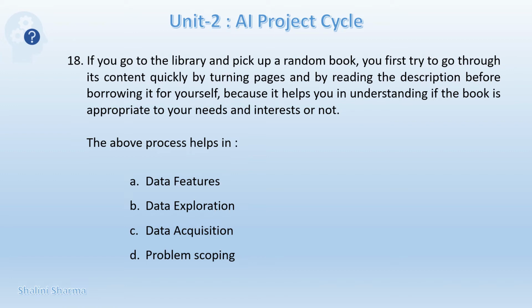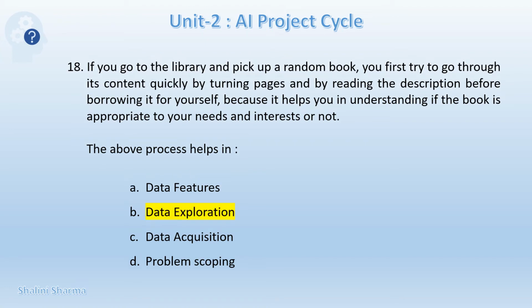The above process helps in A. Data features, B. Data exploration, C. Data acquisition, D. Problem scoping. Which of the above options do you think meets the process? The correct answer is B. Data exploration.